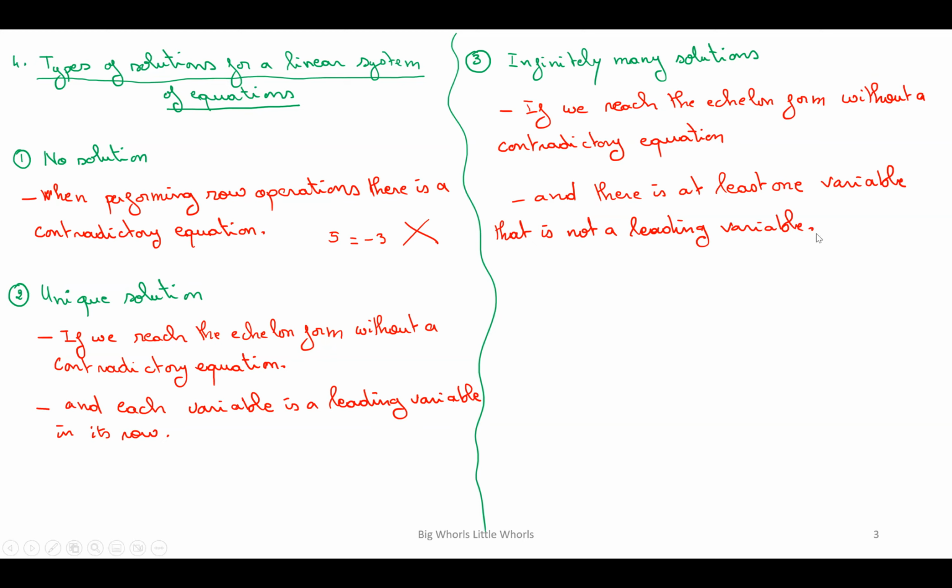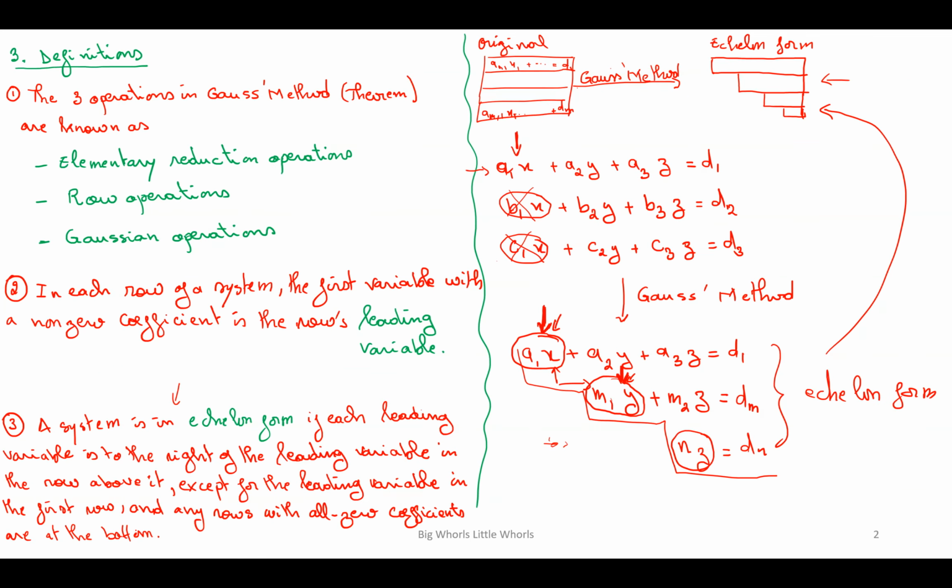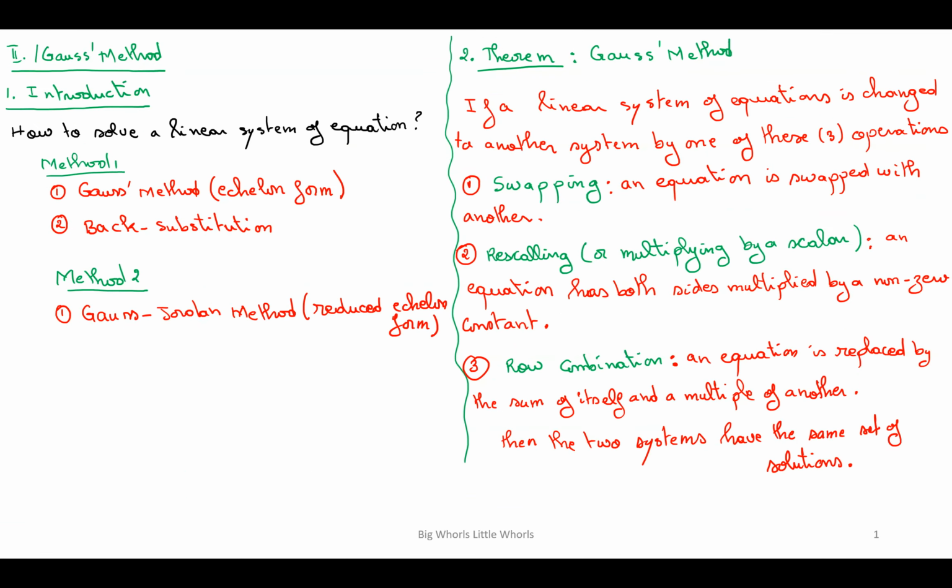So I would like to stop the lecture here, and in the next video we will do the tutorial. In this video we discussed Gauss's method, where we have seen the two ways of solving a linear system of equations: the Gauss method and Gauss-Jordan's method.